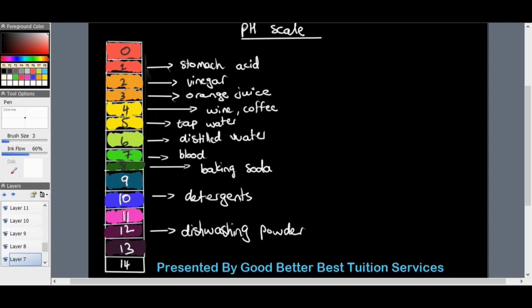Just to correct, coffee has a pH level of about 4, which is fairly close to 5 onwards. Tap water is quite closer to 7 than to 0. So coffee is considered acidic, but it's not so far from 7 either, so it's not like it's going to kill you.